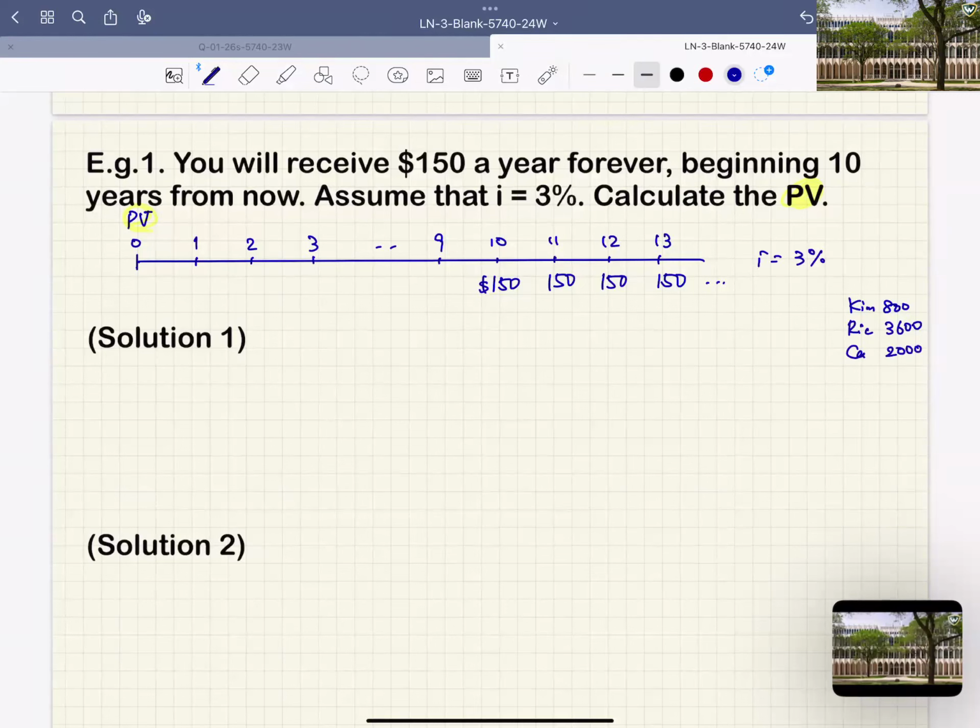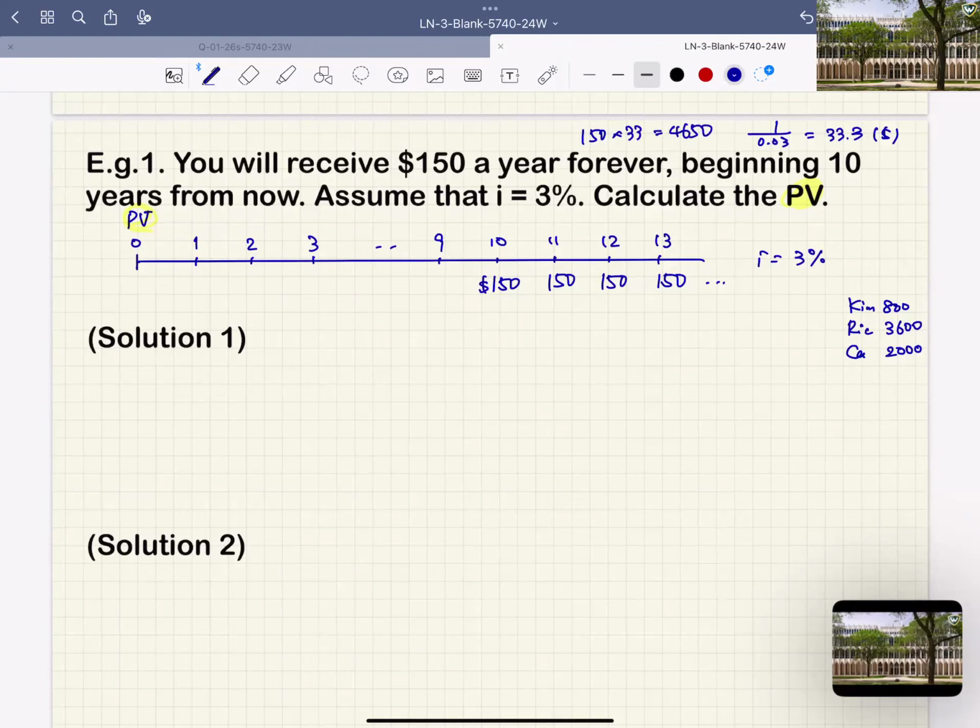Okay, so let me guess. At first, the $150 payment forever, right? So the i is equal to 3%, and the baseline is 1 over 0.03, which is 33.3. This is the amount needed to get $1 forever. For $150 forever, that is 150 times 33, so that is 4,650, maybe.